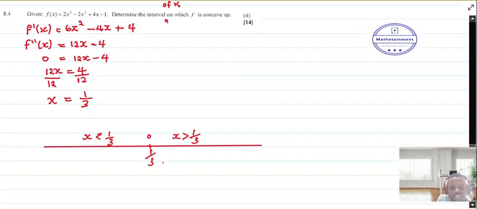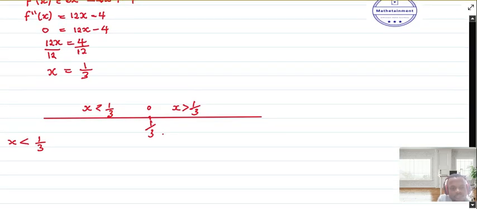You can take any arbitrary value greater than 1 over 3 or less than it. Let me start with a value of x less than 1 over 3. I personally prefer using natural numbers because working with fractions might complicate things. So a number that is less than 1 over 3, how about I take 0?